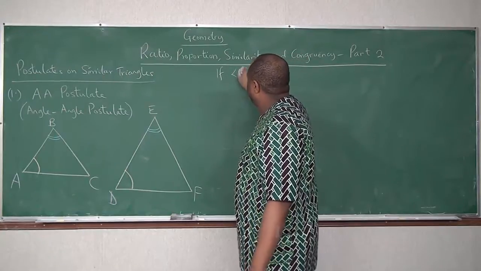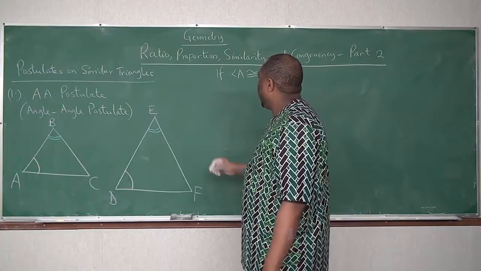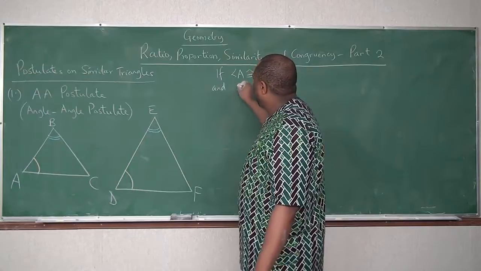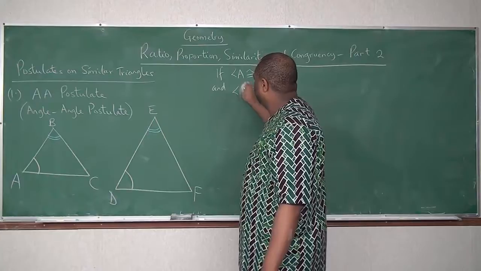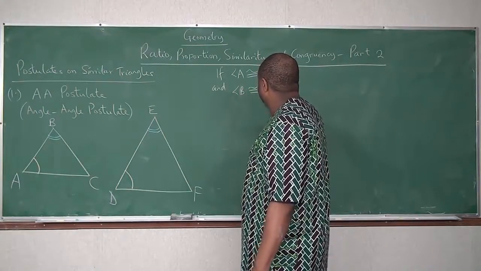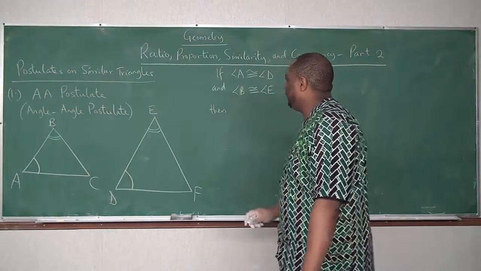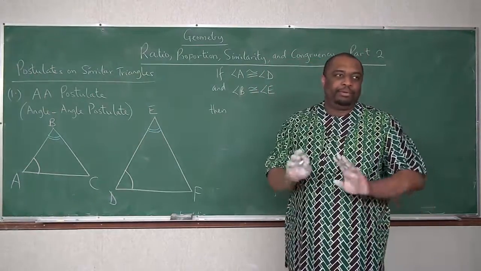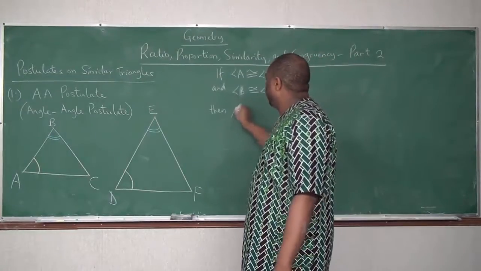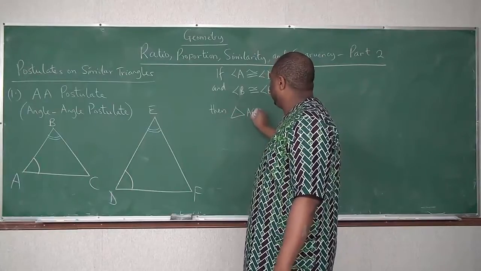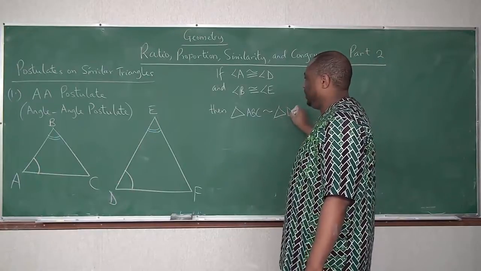If angle A is congruent to angle D and angle B is congruent to angle E, then, like in programming, a conditional statement, if, then, triangle ABC is similar to triangle DEF.